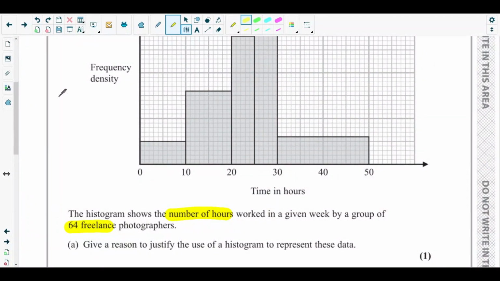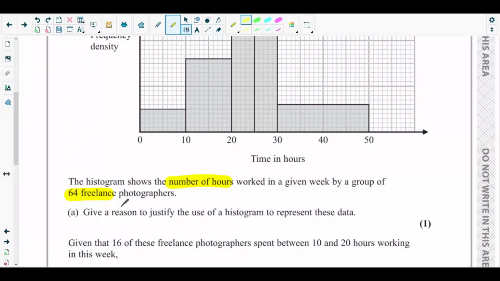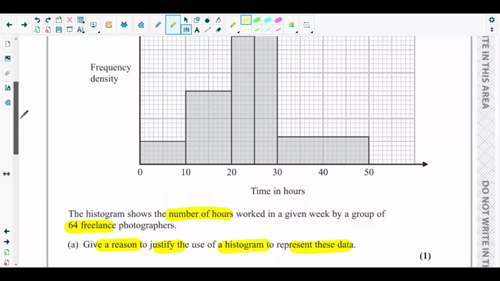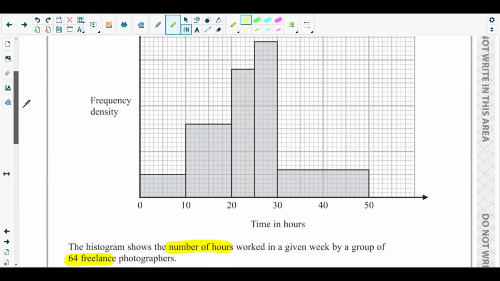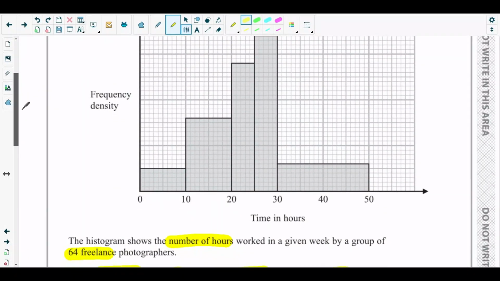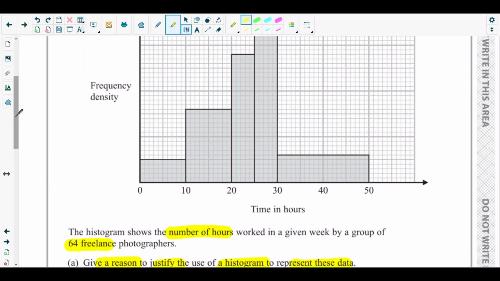Part A is asking us to give a reason to justify the use of a histogram to represent these data. Is it correct or not? From the concept of histogram, we know that a histogram is basically used to represent continuous data.